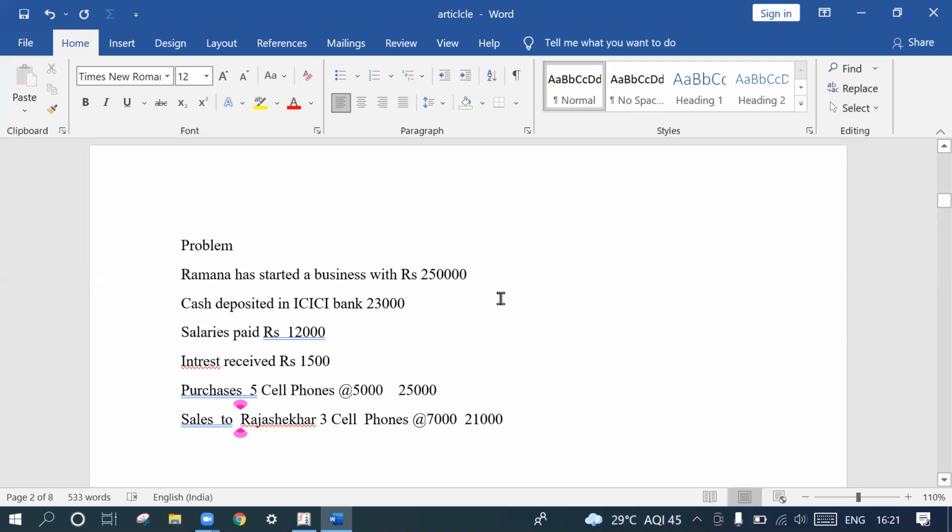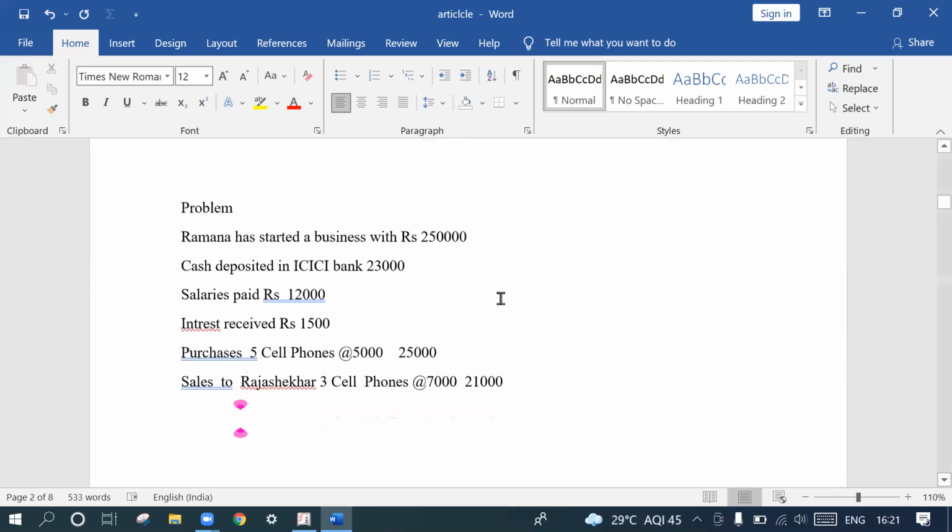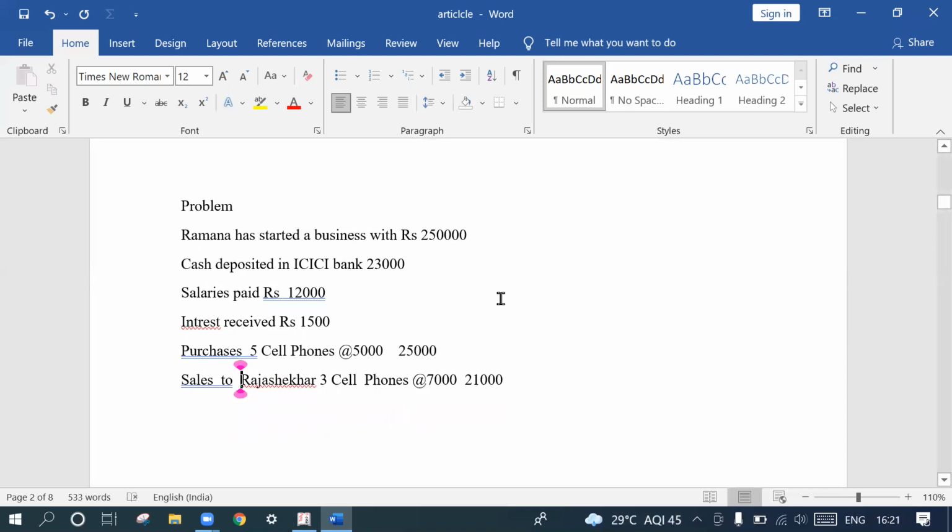The first step is the creation of the company. The second step is ledger creation. And the third step is vouchering. So first step is creation of the company.